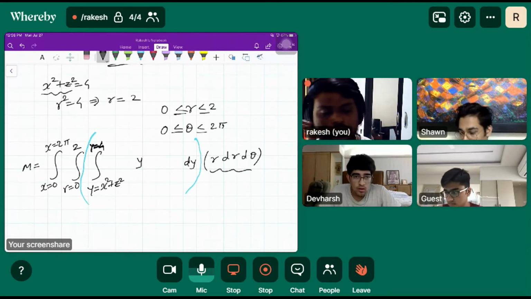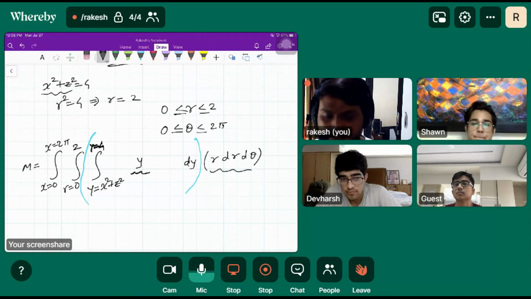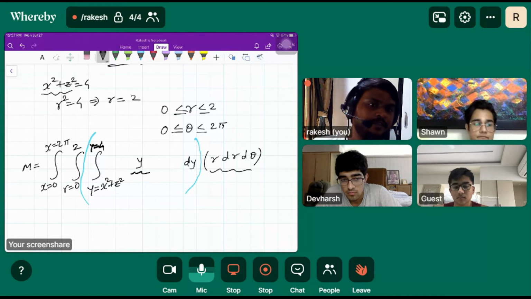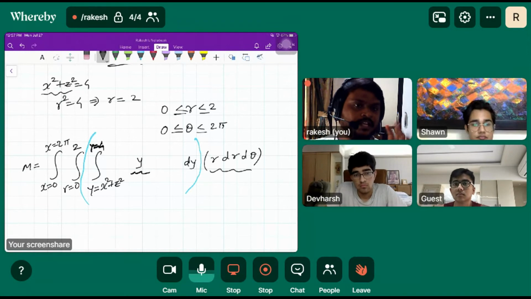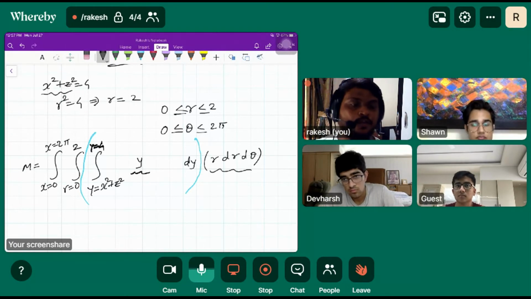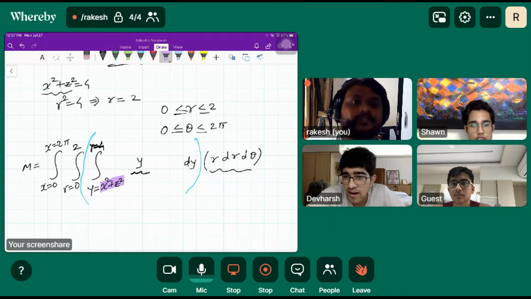If you apply the integration with respect to y, what are we getting? y square upon 2, right? And if you apply the limit, what would the resultant function be in terms of x and z? Substitute that as r square.